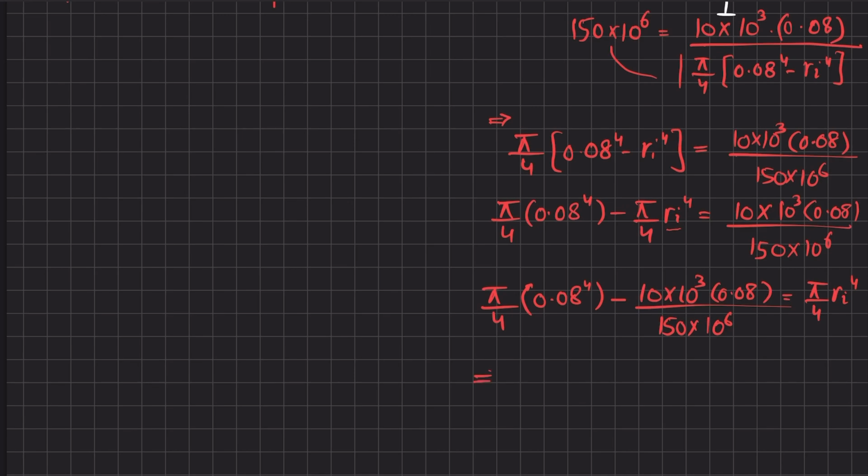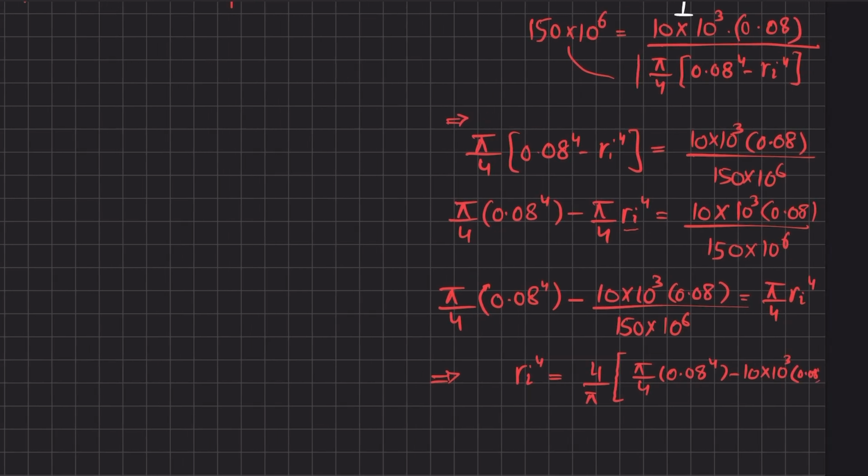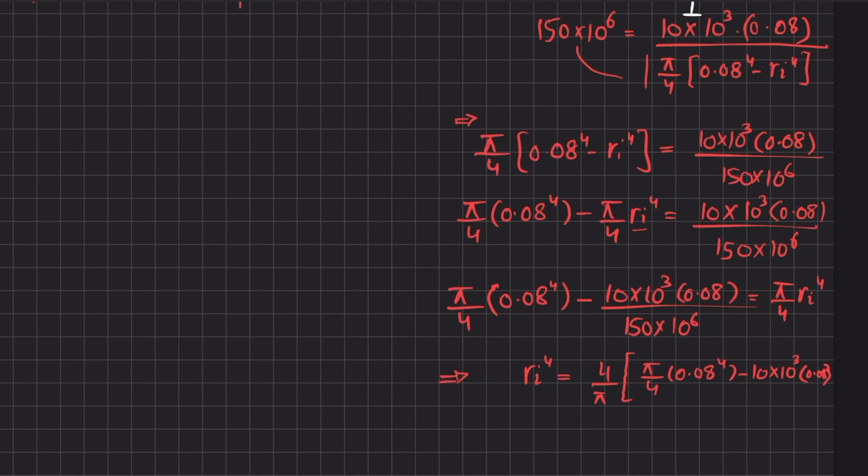So in short, Ri power 4 will be equal to 4 over pi times pi by 4 into 0.08 power 4 minus 10 into 10 raised to power 3 into 0.08 divided by 150 into 10 raised to power 6.